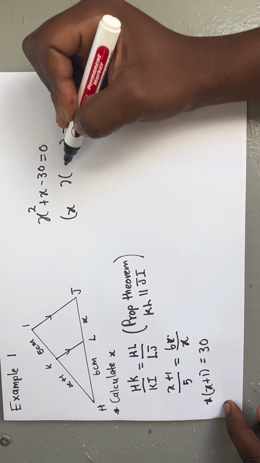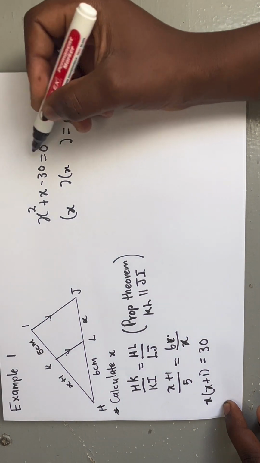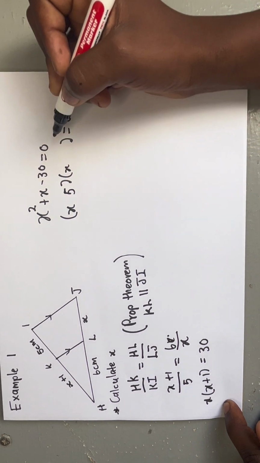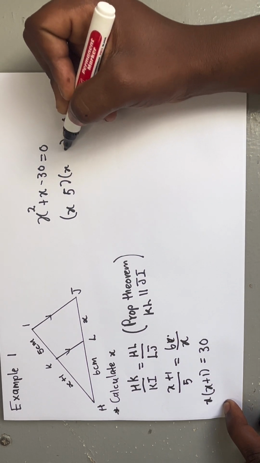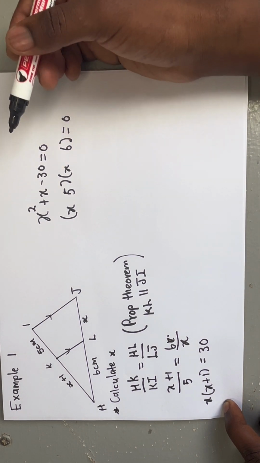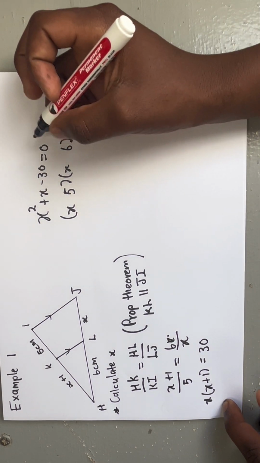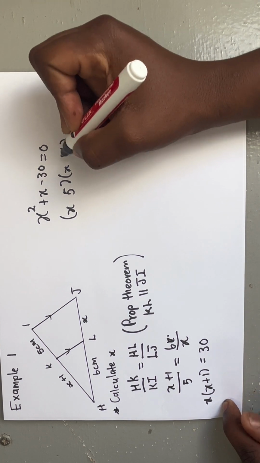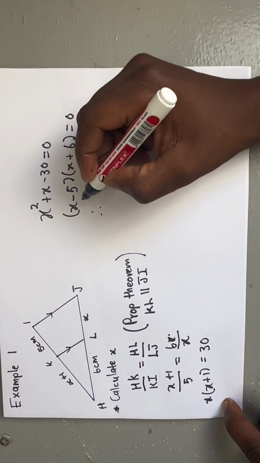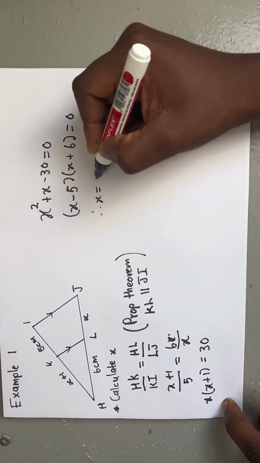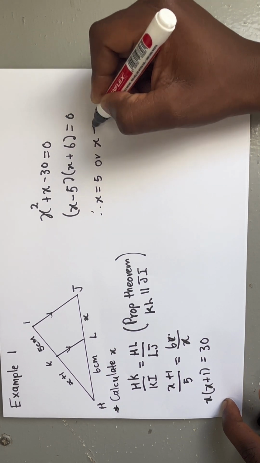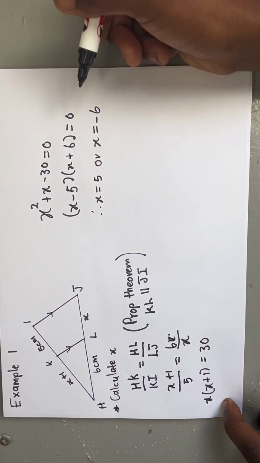You're going to have your x, and you require negative 30, so you're going to have positive here and negative here, which means your x is going to be equals to 5, or your x is going to be equals to negative 6.